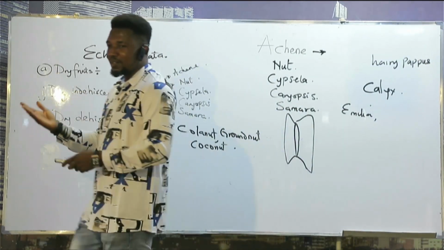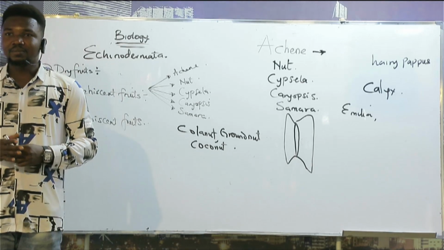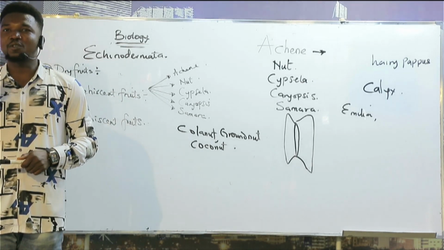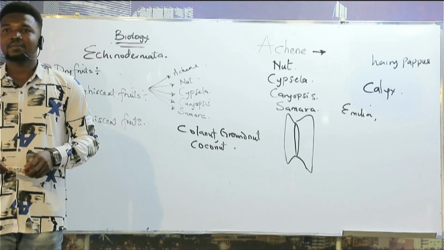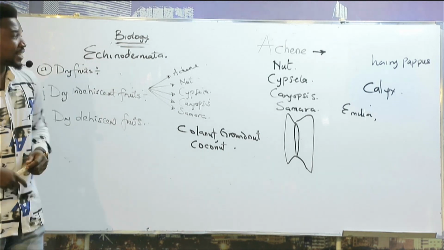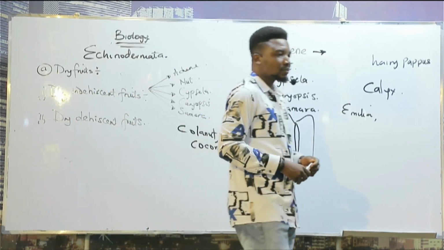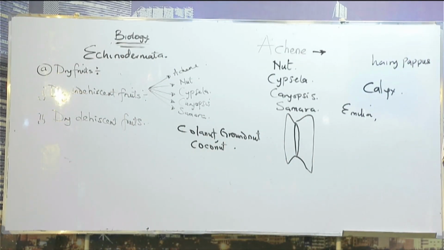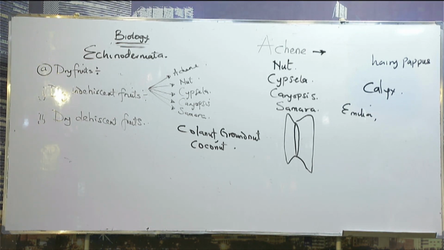Let me repeat. What is an achene? Who can tell me? I hope people are at the back. I don't know what is happening at the back. So what is an achene? Only the front sitters, even the middle part, you people are not talking. What is happening?